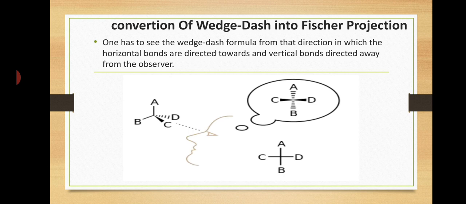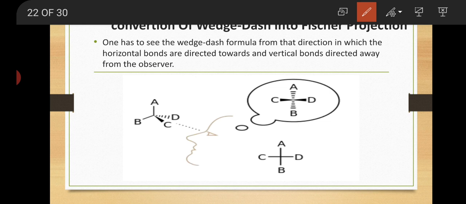Here is the wedge projection formula. The observer is seeing the wedge formula such that the horizontal bonds are wedge and dash bonds, which are out of the plane of the paper towards the observer, and vertical bonds are directed away from the observer.